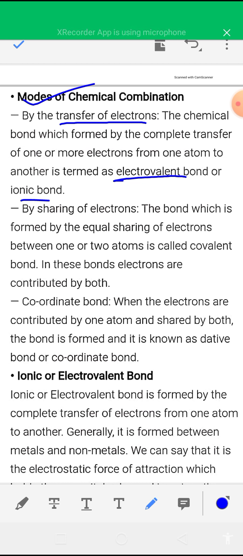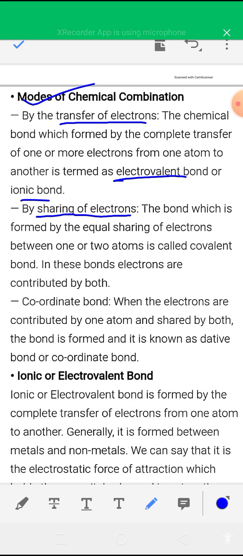The second mode of chemical combination is by sharing of electrons, which is covalent bond. The elements can attain the octet electronic configuration by sharing of their valence shell electrons.